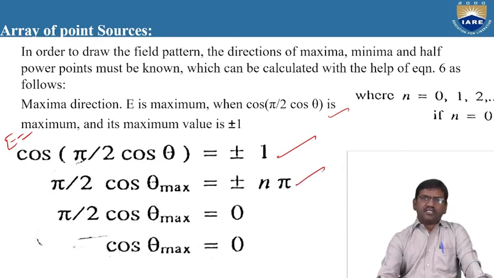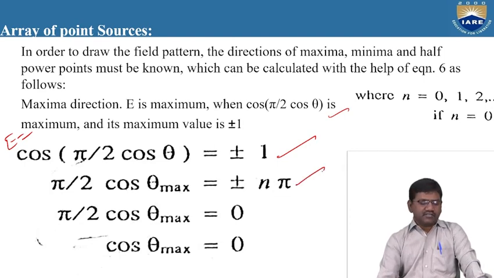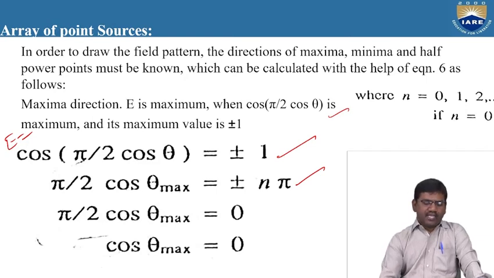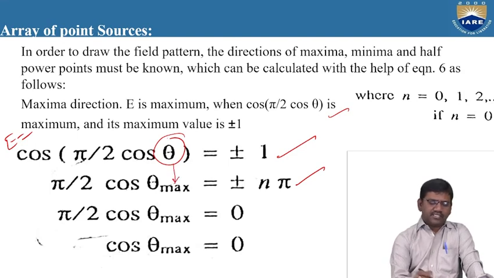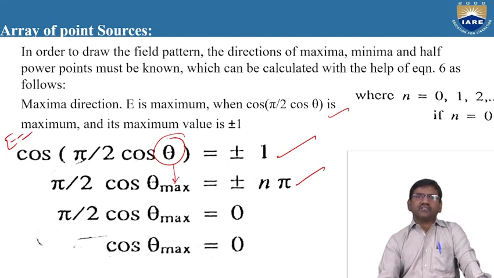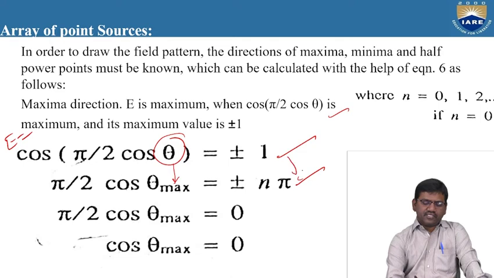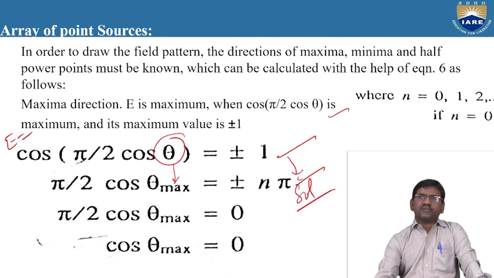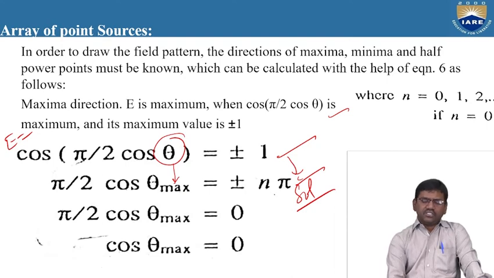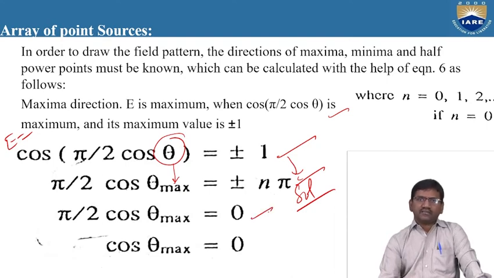Applying the trigonometric solution, (π/2) cos θ_max will be equal to plus or minus nπ. As we are finding the maximum direction, we name it θ_max. If n is equal to 0, you will get (π/2) cos θ_max equal to 0, and cos θ_max equal to 0.